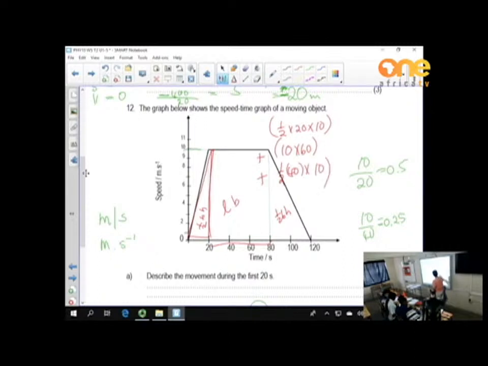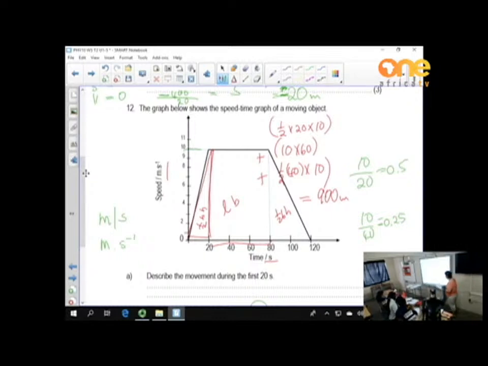And we add all that together and we will get 900 meters. Square meters? No, it's not square meters. It's meters. If you have a meter per second and you multiply it with a second, you end up with a meter. It's not area, it's not square. It's just a unit.